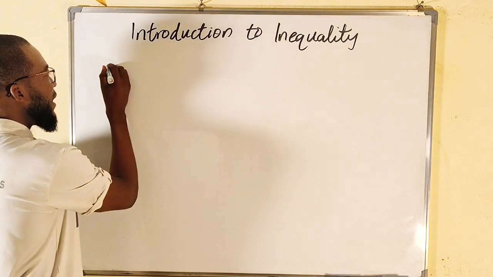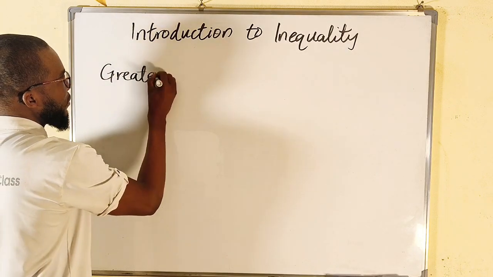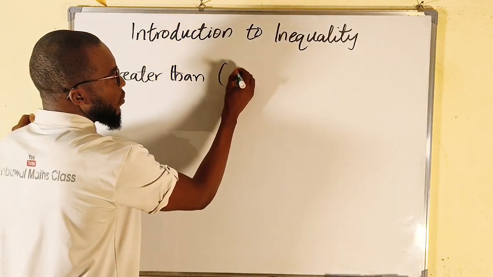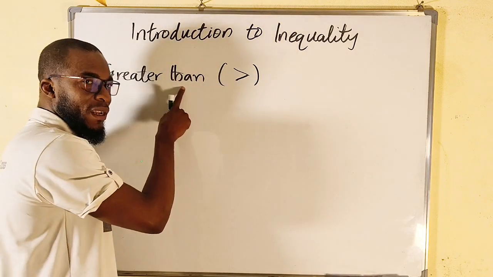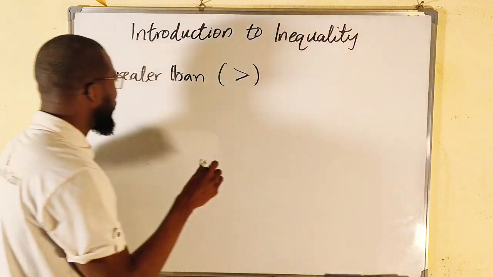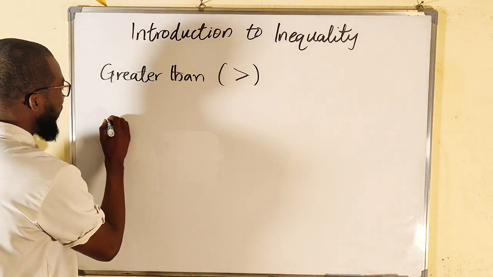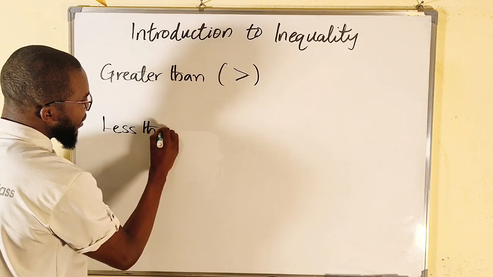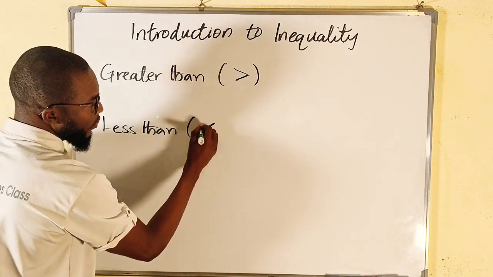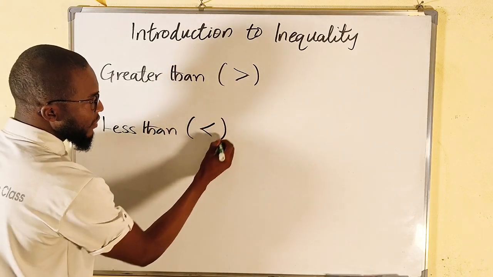We have the greater than type, which looks like this. This is the symbol for greater than. I'll give some examples. And we have the less than type, which looks like this.